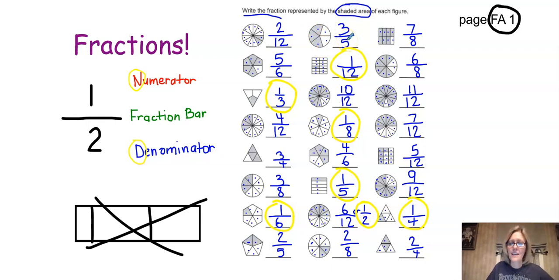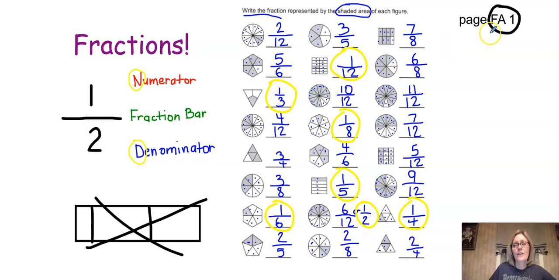Sorry about that mistake, okay? Or right here, it took 1/12 plus 1/12 plus 1/12 plus 1/12 to make 4/12. And those are just called unit fractions when they have a 1 on top.